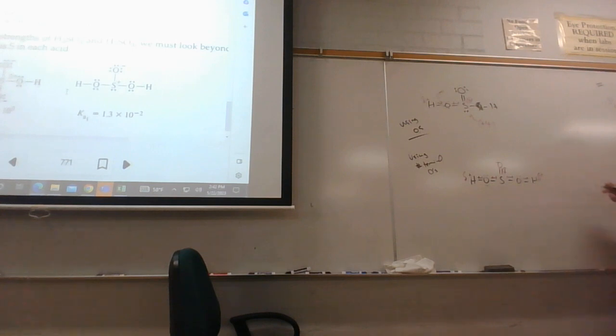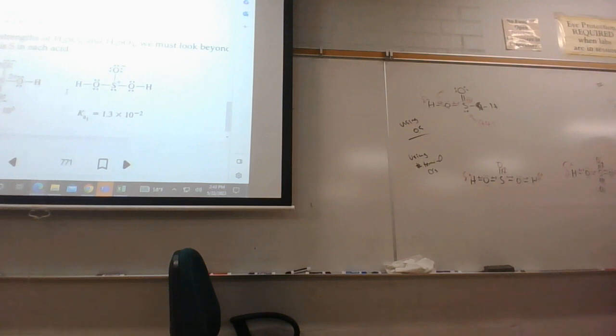Versus sulfuric acid, which is going to have two terminal oxygens. The two terminal oxygens sucking electron cloud and resulting in more polarized HO bonds, giving us a bigger delta plus.